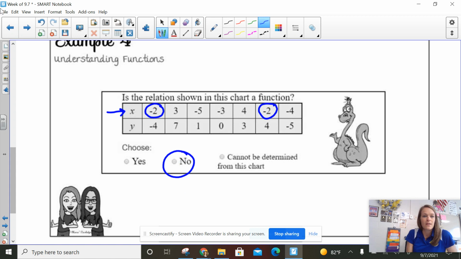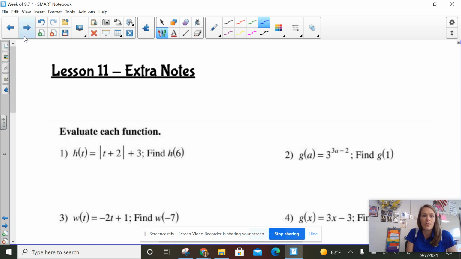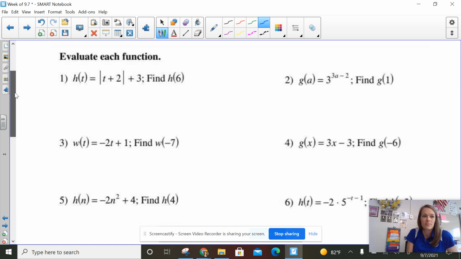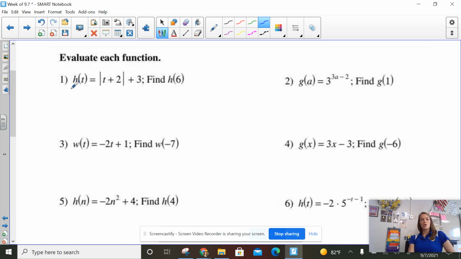Okay, and so the last thing we were going to talk about today was evaluating functions. You may see different stuff like this. This is h of t. When you see stuff in parentheses, you will just say "of." This would be w of t, h of n, and so it gives you different functions. I'm just going to go with this one to begin with.